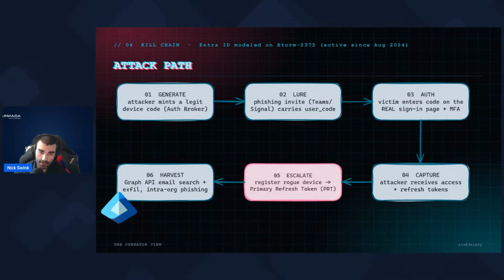It also highlights that they were using that register rogue device technique to escalate to a PRT, which is sort of the keys to the kingdom in terms of persistence. Basically it allows you to persistently authenticate to Entra ID as a device that doesn't even need to be a real device. So that's the first attack path.